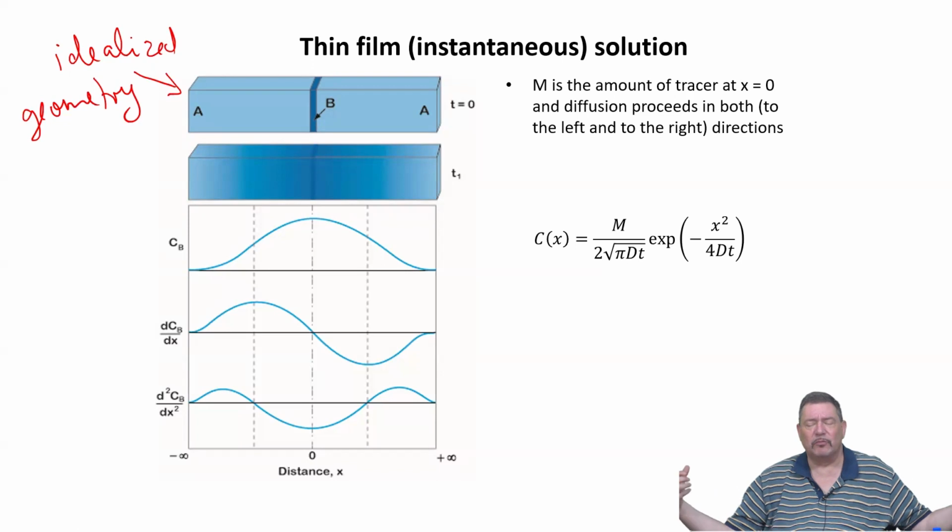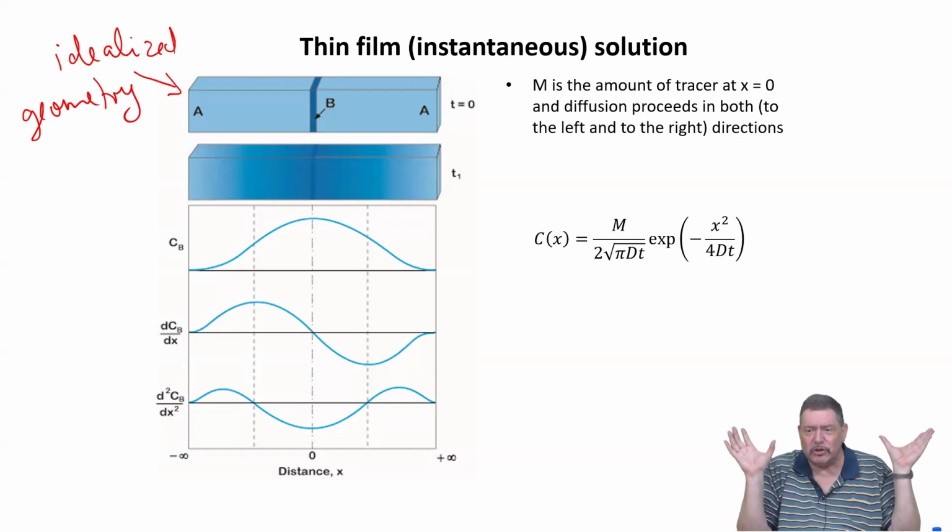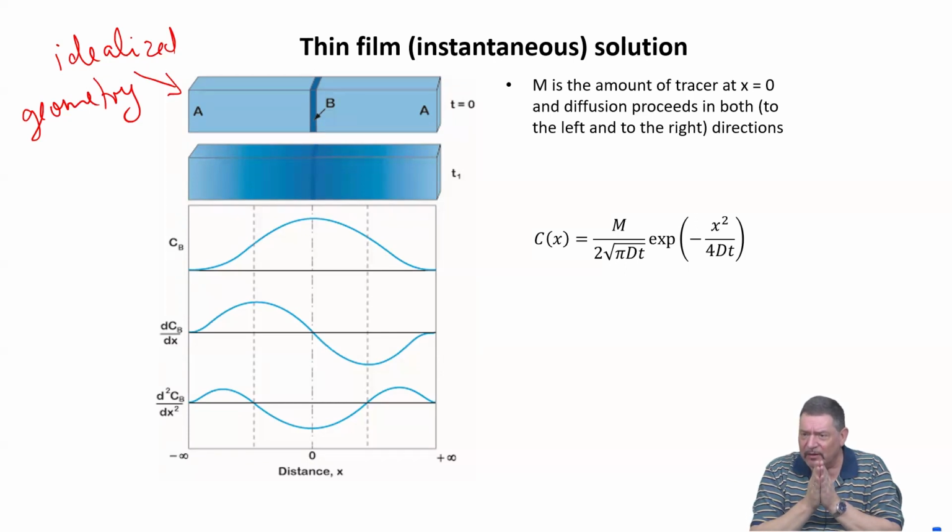So in reality you have very large chunks of material A put together, but in between there is a very thin layer of whatever diffuses. Could be impurity diffusion, so B is a different atom than A. It could also be self-diffusion, or better to say tracer diffusion, where B would be an isotope of A.